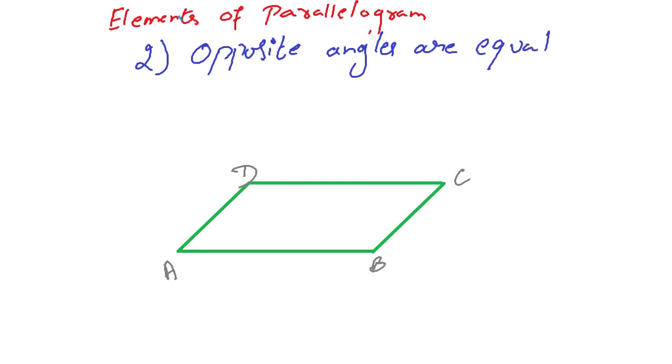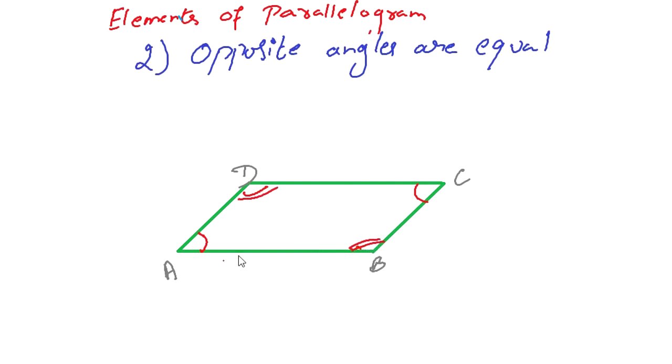So now let us see how it is. In this parallelogram, for the angle A which is being considered, the opposite angle is angle C, and for the angle B which is considered, the opposite angle is angle D, which is this.